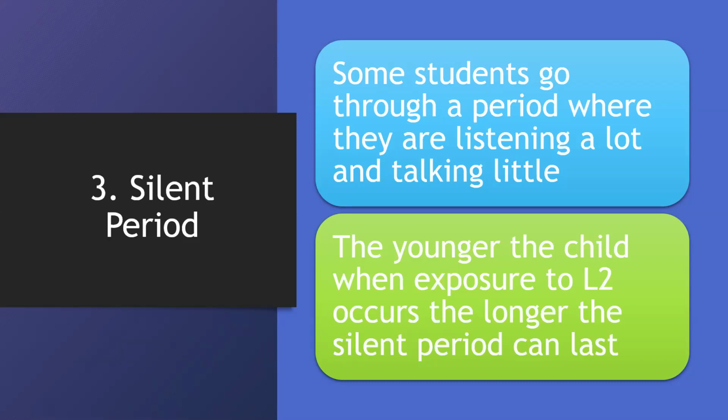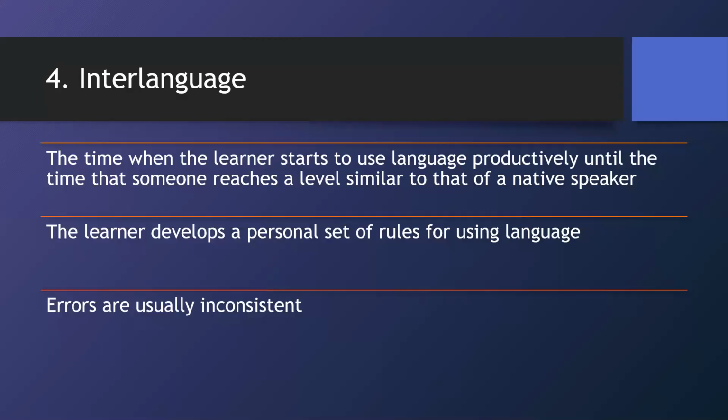All right, so another thing that can happen in English language learning is what's called interlanguage. And this is kind of the in-between period where you have some expressive language skill, but you're definitely not fluent.